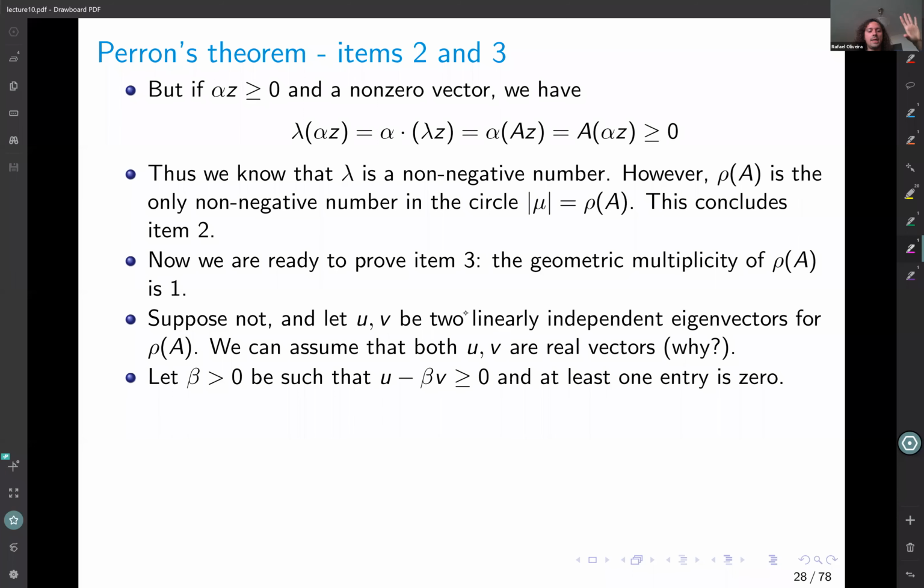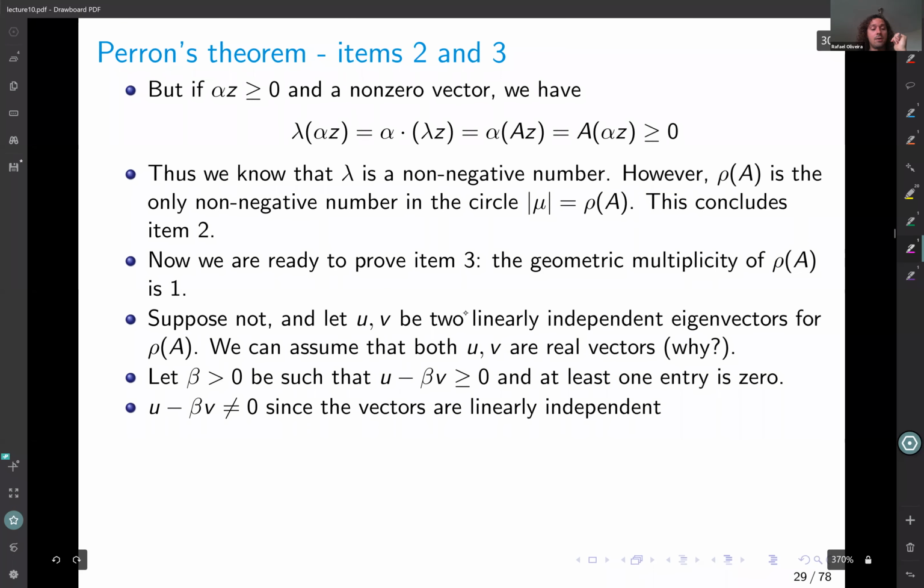So we take u to be this eigenvector with all positive entries and take v to be any other eigenvector. Then I can scale v so that all its entries are smaller than the corresponding entries of u. We can also choose beta so that at least one entry is 0. We can always do that. Now, we also know that u minus beta v will be a non-zero vector because the vectors are linearly independent. So that's our assumption.